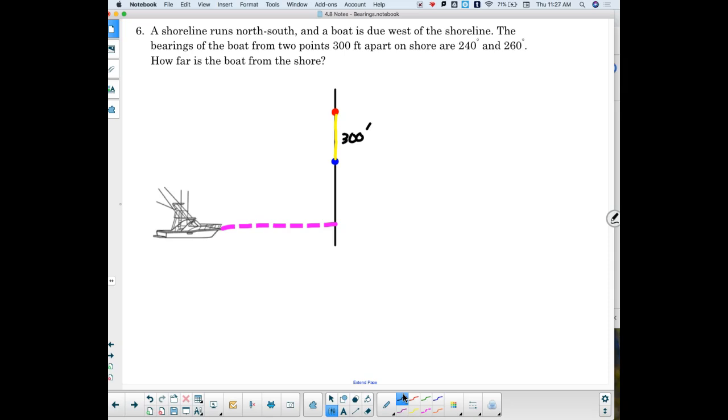Our bearing is 240, so my red angle here is 240. So 0, 180, 240 puts this as a 60-degree angle. Do we agree with that?